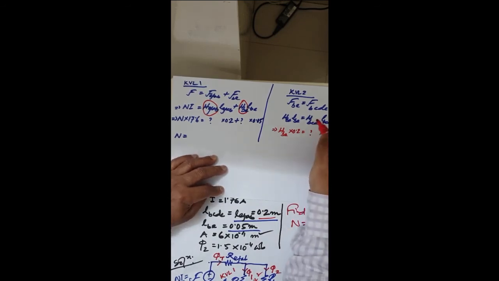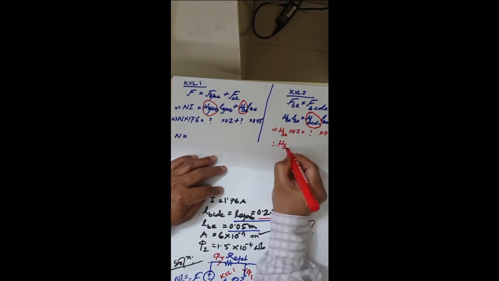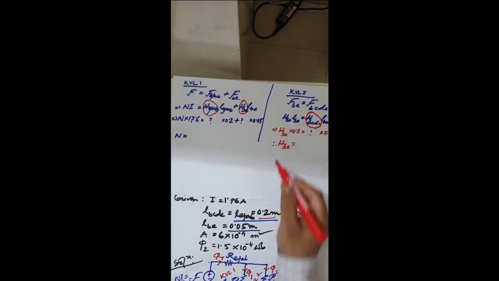That's done. What we have to find is the H_BCDE from there. If we can find this, we can substitute this value here, then we can find the value of H_BE. Once we get H_BE, it can be substituted here, and then we find the others step by step. That's the thing.